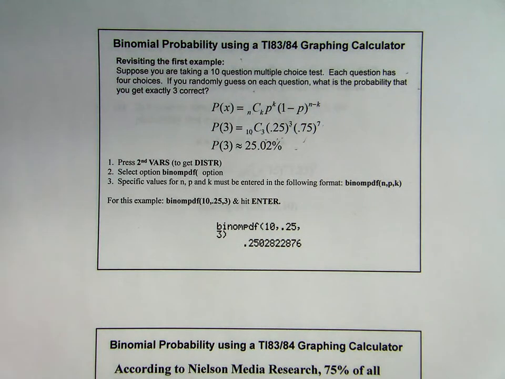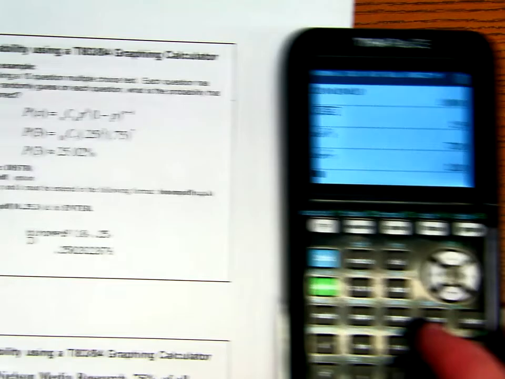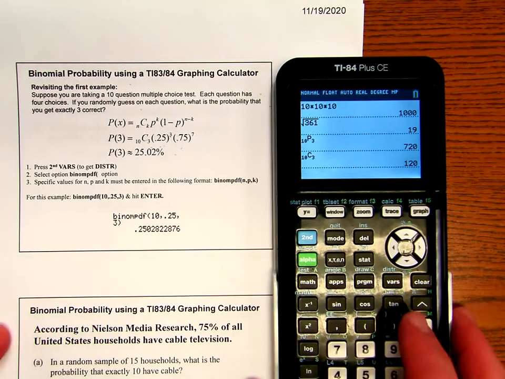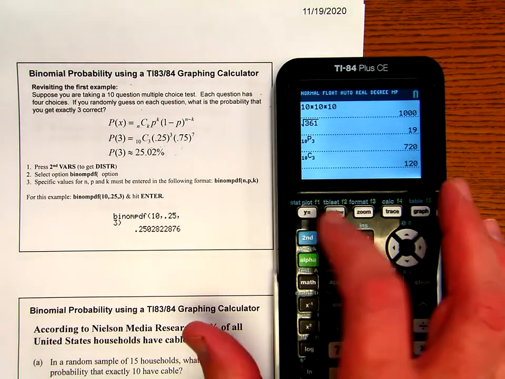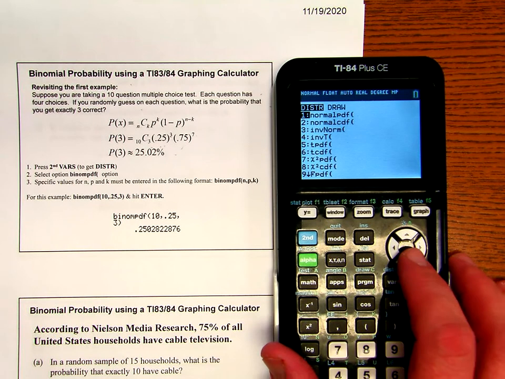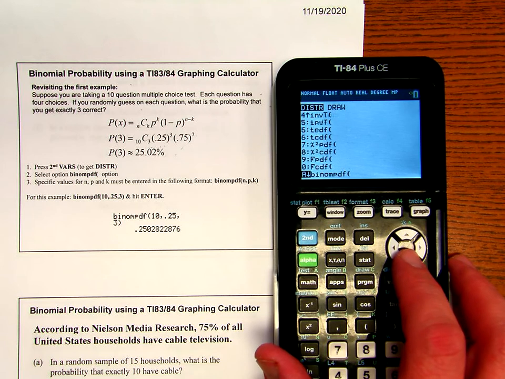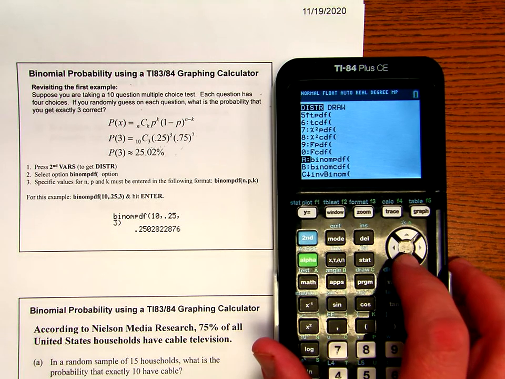All right. On our calculators, zoom out a little bit here. If you go to second, vars, distribution, we were here and used normal CDF a decent amount. If you scroll down, there's a binomial PDF and a binomial CDF.